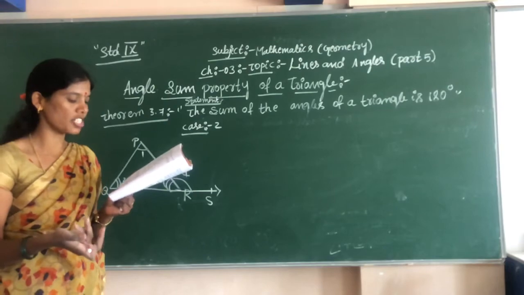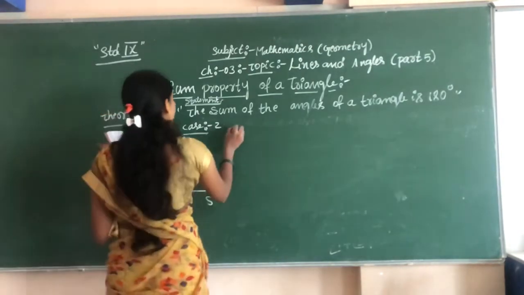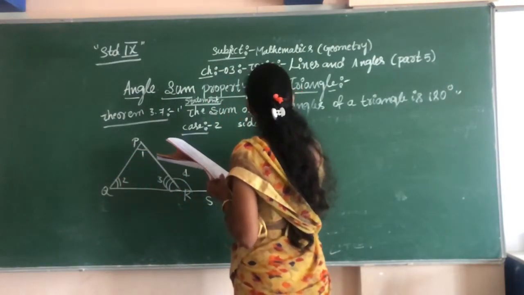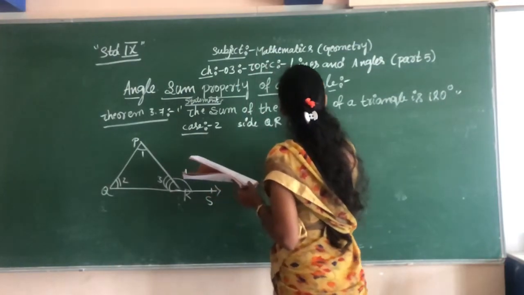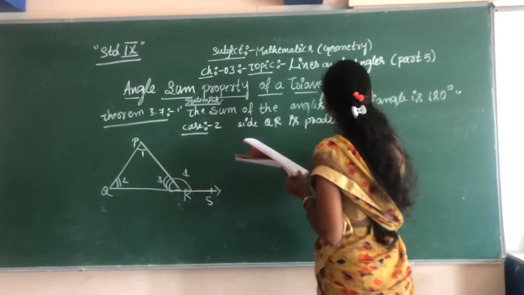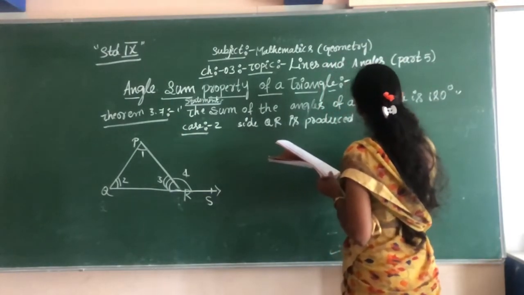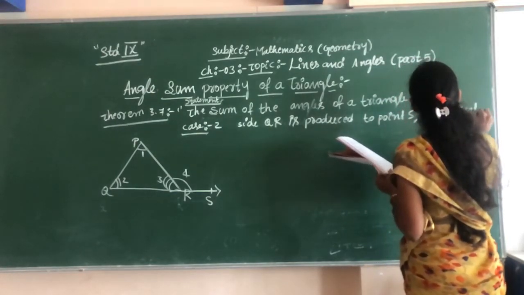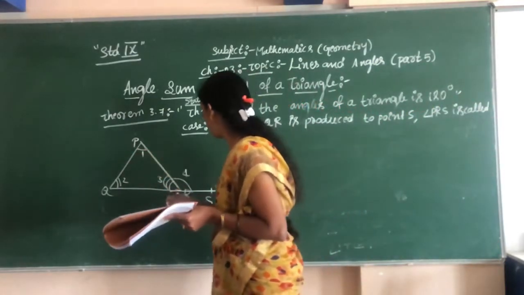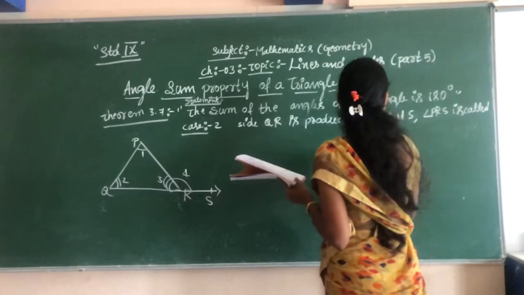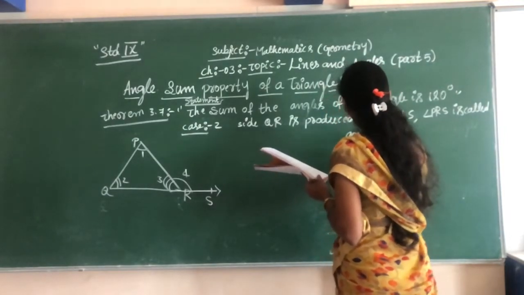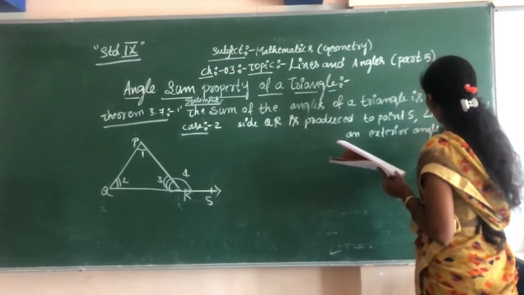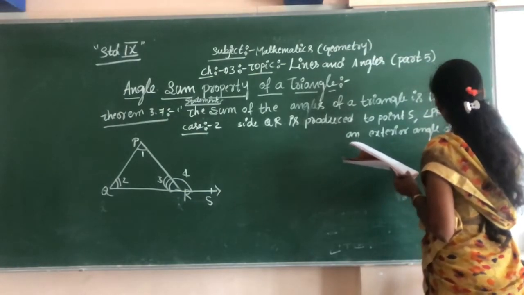Side QR is produced to point S, and angle PRS is called the exterior angle of triangle PQR.